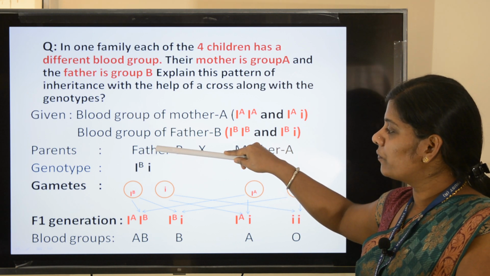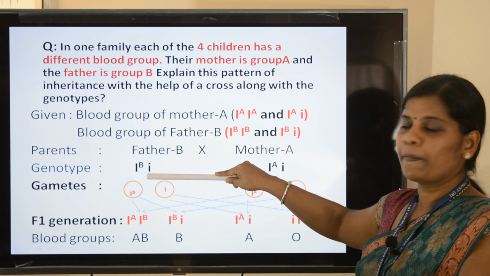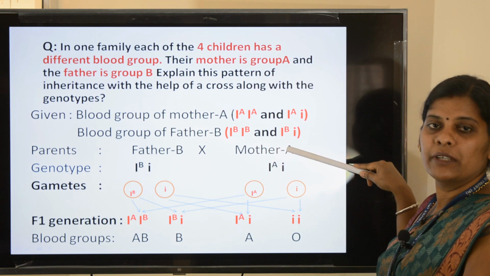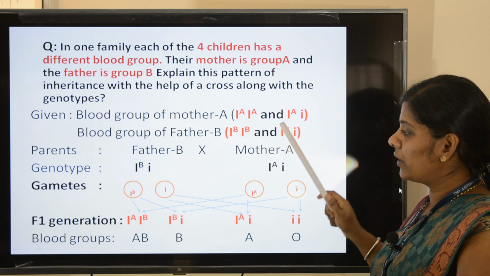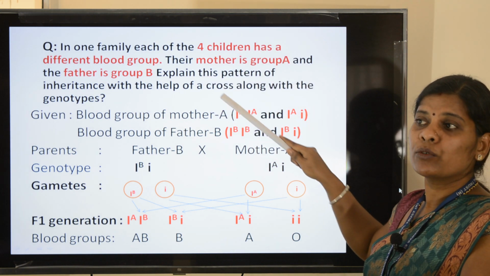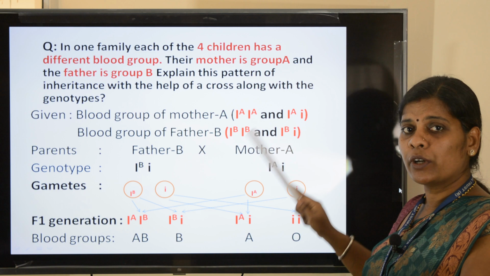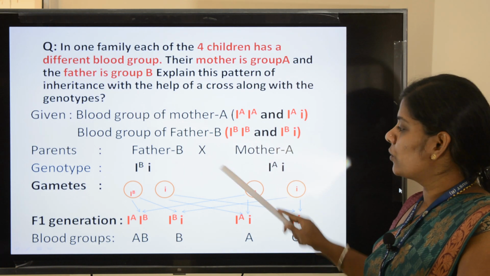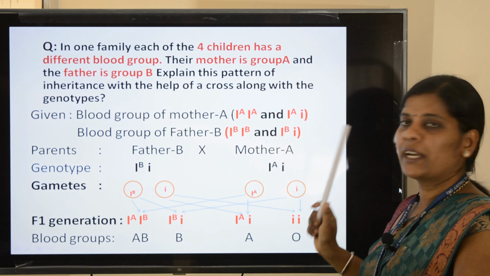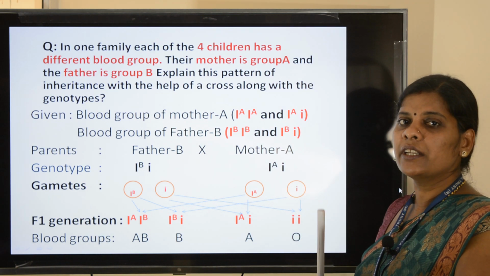For father we'll take IB and small i, mother will take IA small i. So very important, one of the children represents O blood group, which is possible only when both the alleles are recessive, so father and mother must be heterozygous for their blood group.